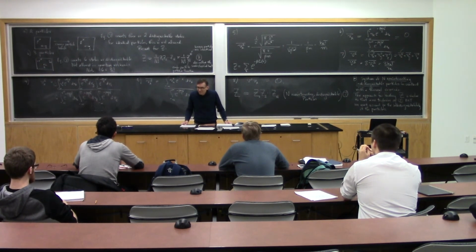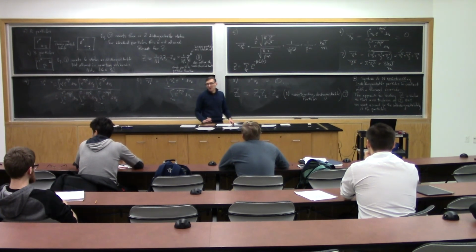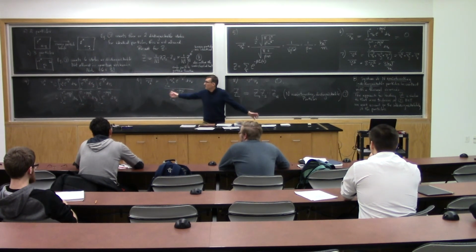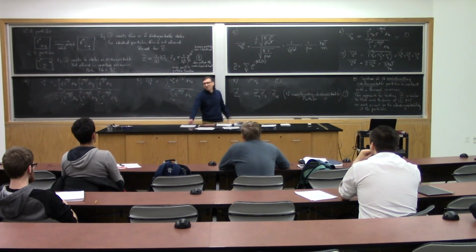How do you deal with it? Then you learn about things like perturbation theory and other techniques. Okay? That's what you learn in graduate school. All right? They'll do the stuff that we're doing here in about a week and a half. We've been doing it for, what, 13 weeks now? Okay, they'll do what we've been doing in about a week and a half, and then they'll start worrying about systems where the particles interact.